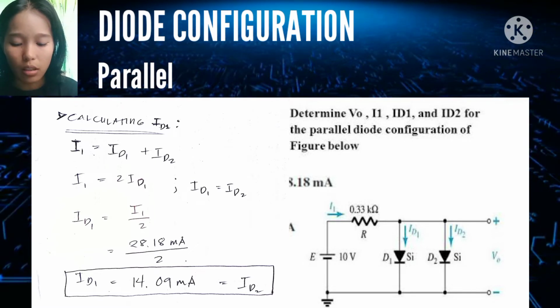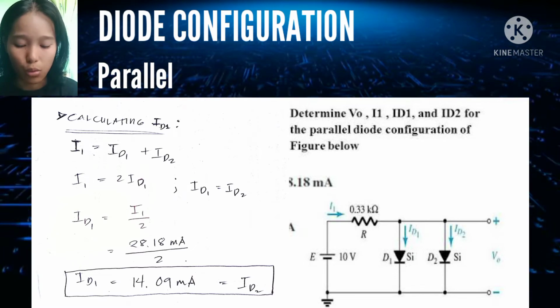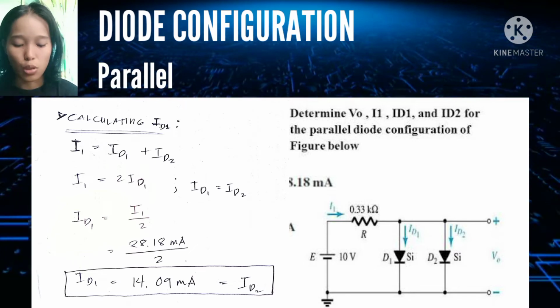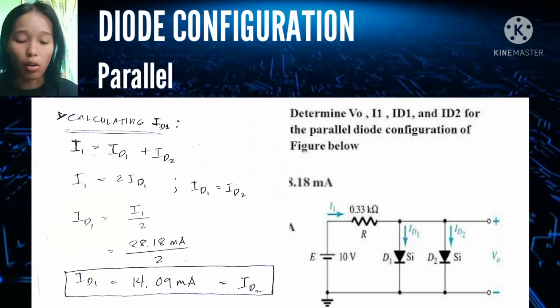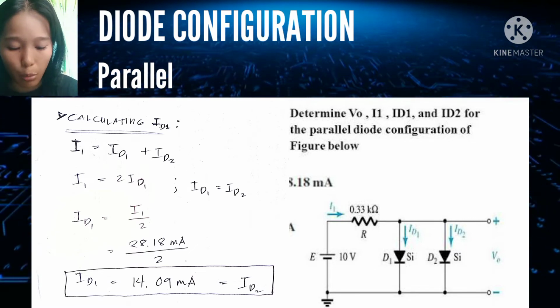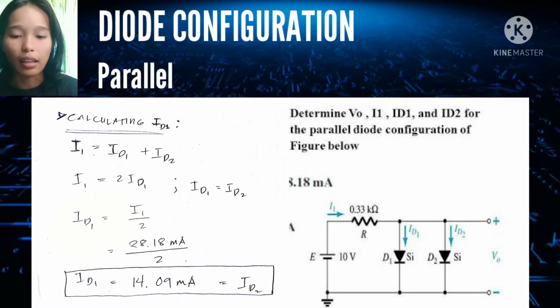So our ID1 is equal to I1 divided by 2. So our I1 is 28.18 milliamperes, so this will be divided by 2. Therefore, our ID1 is equal to 14.09 milliamperes, which is also the value for the ID2.